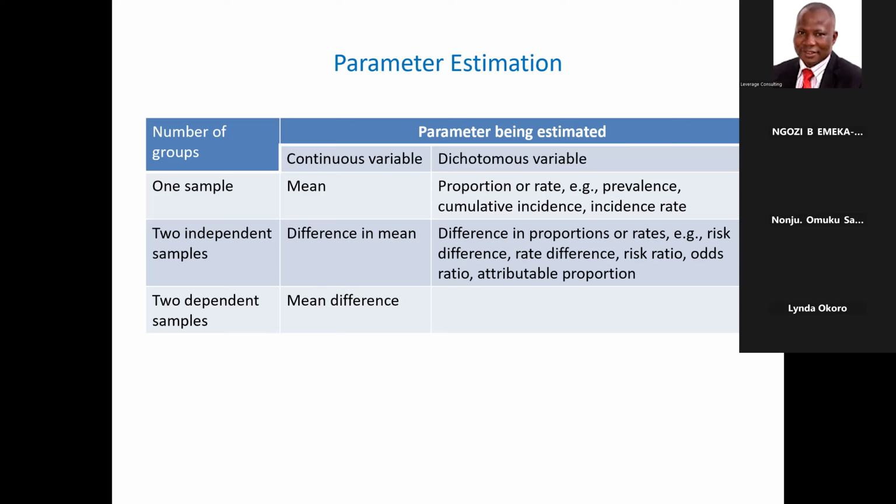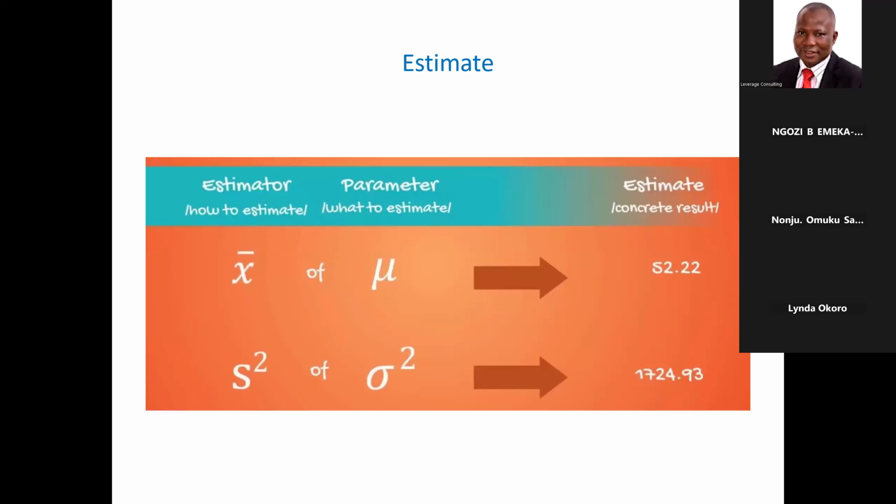What you are looking at is the difference between means and the difference between proportions. Now, this one is repeating what I just explained. It's just the notation we use to represent statistics and parameters.